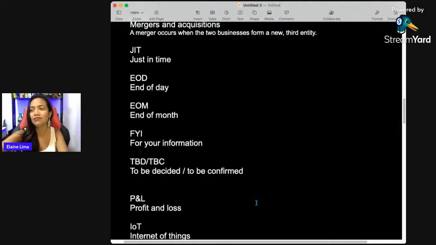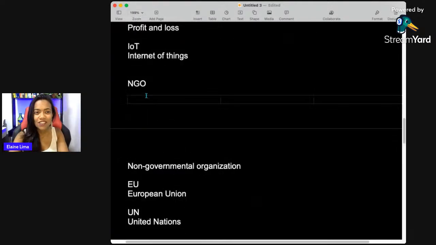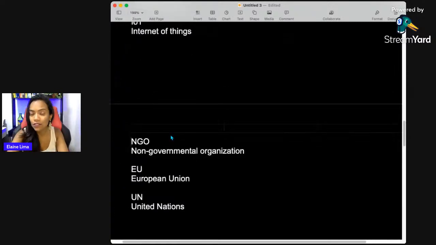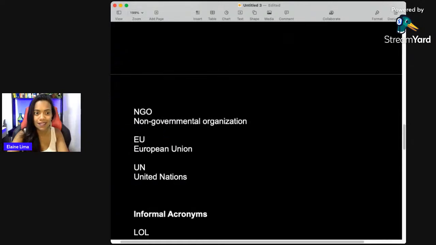Now, the next one is NGO. I love this one because people get confused about this word. So in English, we say NGO, which is non-governmental organization.